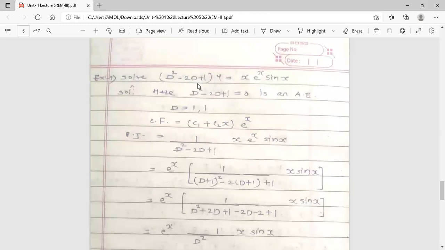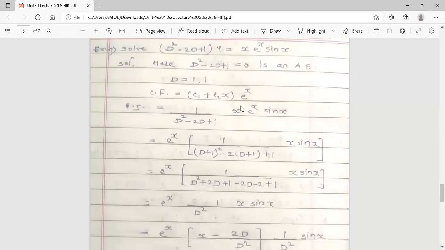Solve d square minus 2d plus 1 into y is equal to x into e raised to x into sin x. This is the first example. Here it is in reduced form phi of d into y is equal to f of x. So you equate phi of d equal to 0, so that you will get the auxiliary equation, that is d square minus 2d plus 1 is equal to 0.